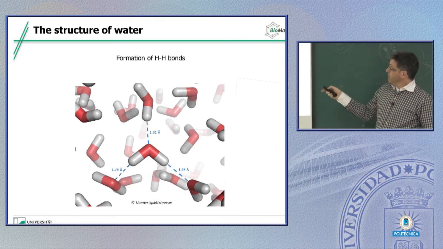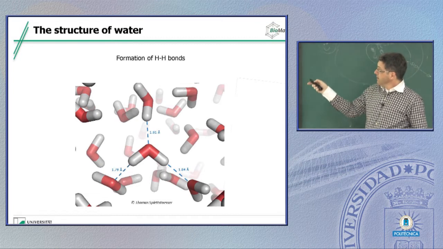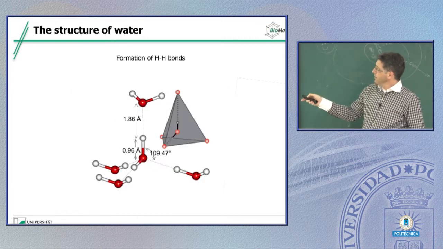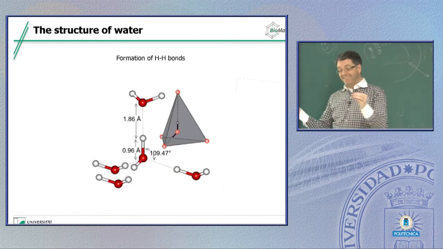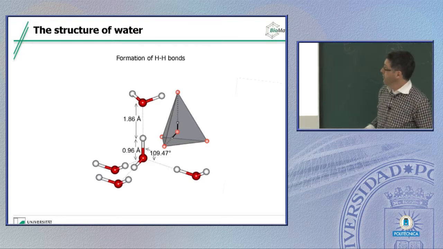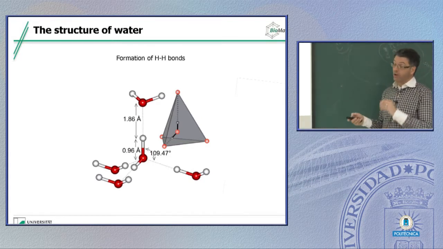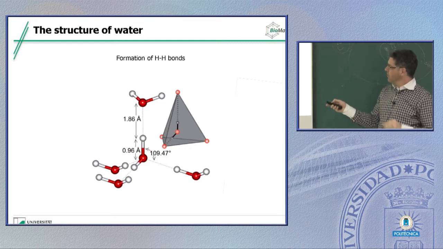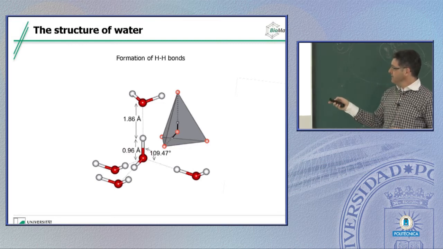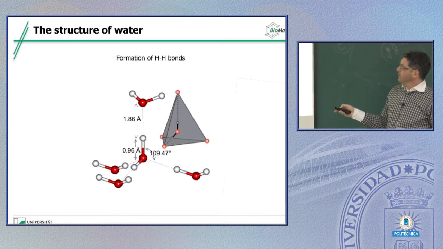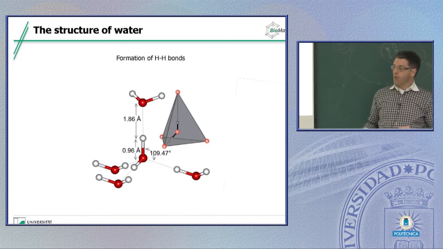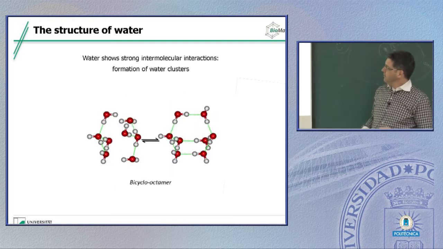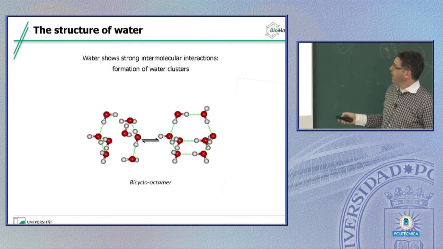This is very important because now this molecule with the negative charges here and with the positive charges here can interact with each other. This means water can form H bonds with itself, and this means that water can form structures. So as you can see here, we can actually bring water in this pyramidal shape, and it can even go on.